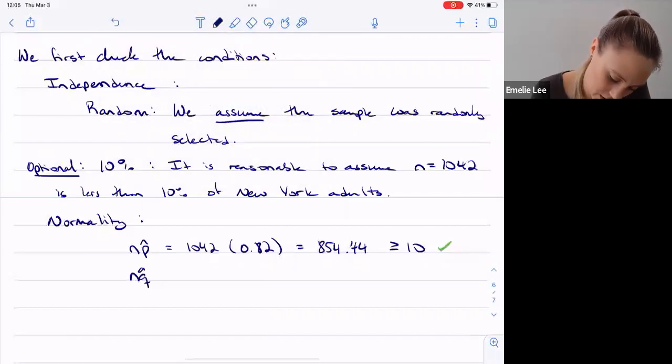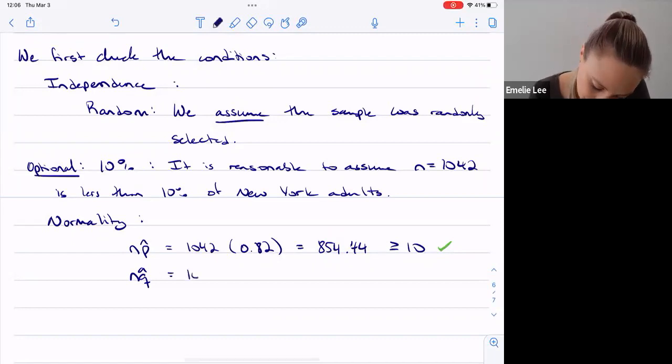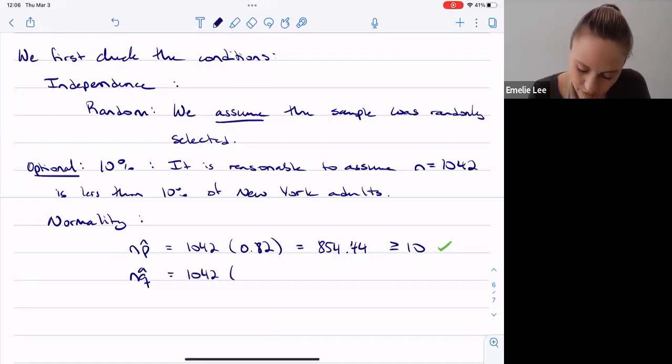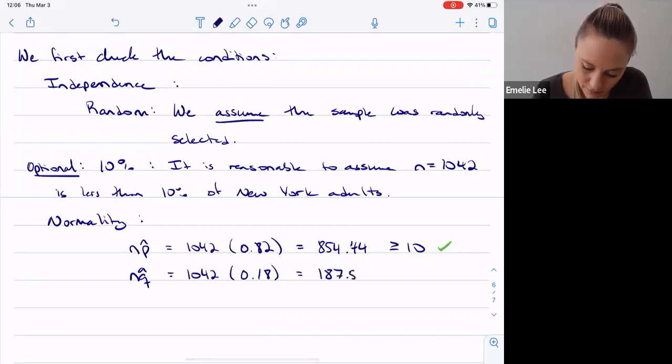And then n q hat, there's a couple of ways that you could find it, right? You could take 1,042, subtract the successes, that leaves you with the failures, or let's do 1 minus 0.82, which is 0.18. 1,042 times 0.18 is 187.56, which is also greater than or equal to 10.